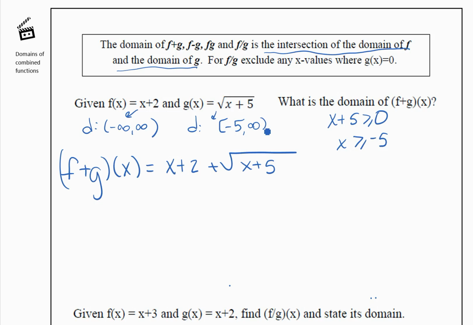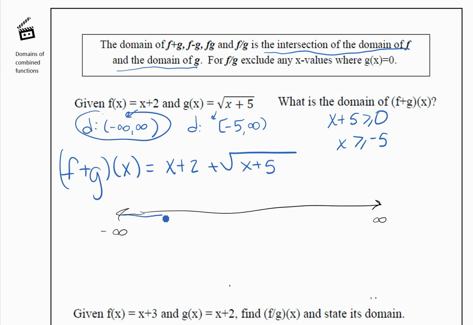And so now we want to think about the intersection. And one way we can do this, let's be fancy with different colored pens. Let's say this is our whole number line from negative infinity to infinity. And let's make the domain of f of x in blue. If I graph it, it would be the whole number line.